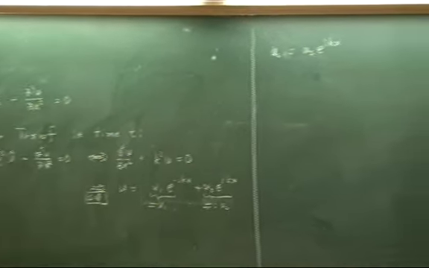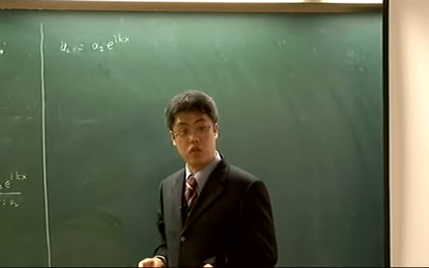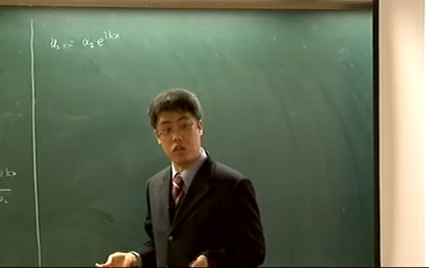The problem is you have unknowns, in this case alpha 2, so on the boundary you don't have any kind of boundary conditions.